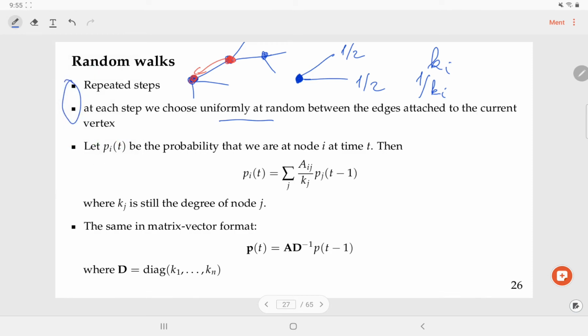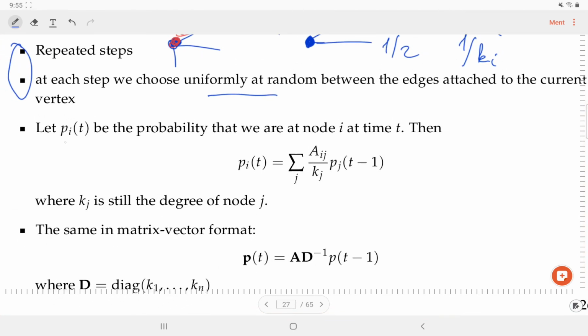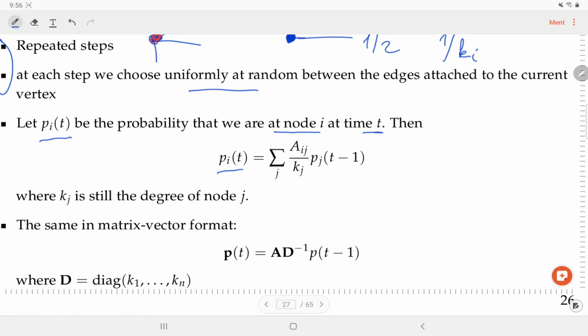Now, if we take this from the mathematical point of view, let's assume that p_i(t) is the probability that we are standing at node i at time t. Let's see how we can calculate this probability. It can be calculated in such a way that we sum, with j going from 1 to n.